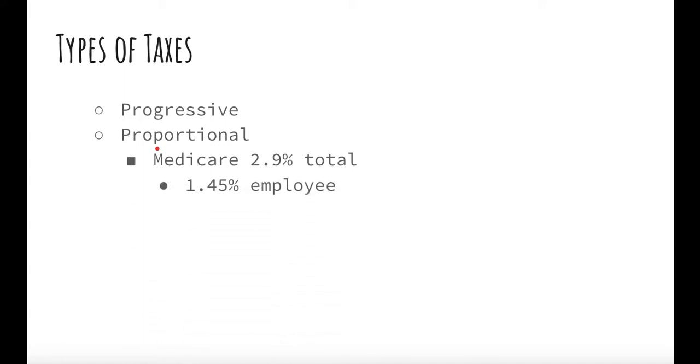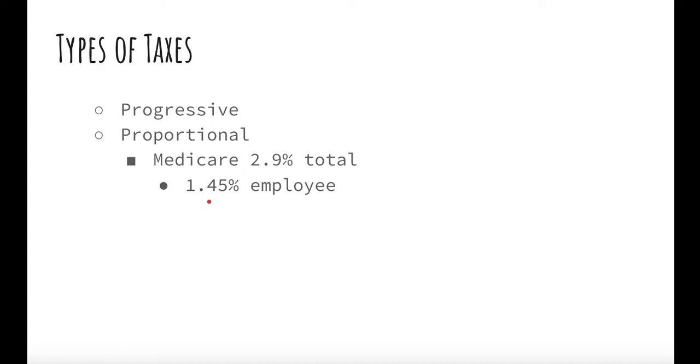Now, Medicare is actually an example of a flat tax. 2.9% total is what the Medicare flat tax is, with employees paying 1.45%. So if you look at a pay stub from your employer, you'll see the Medicare amount withheld.